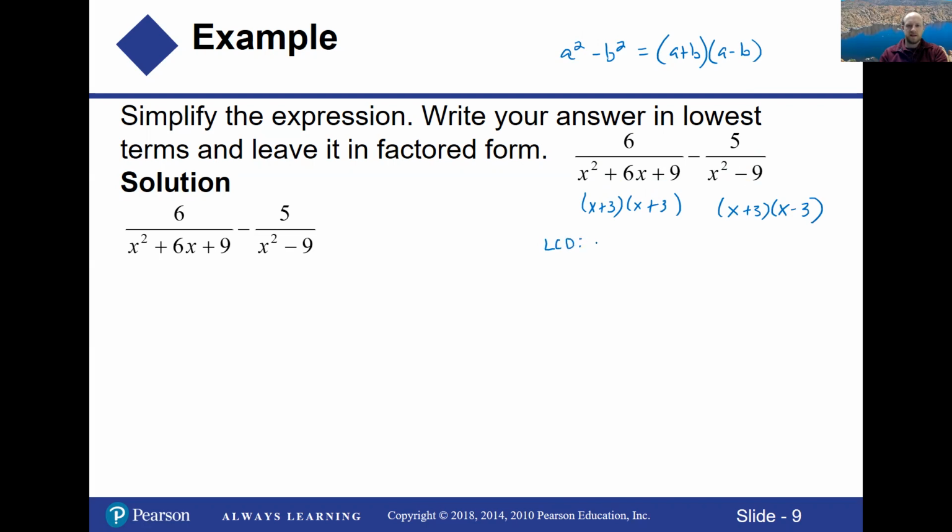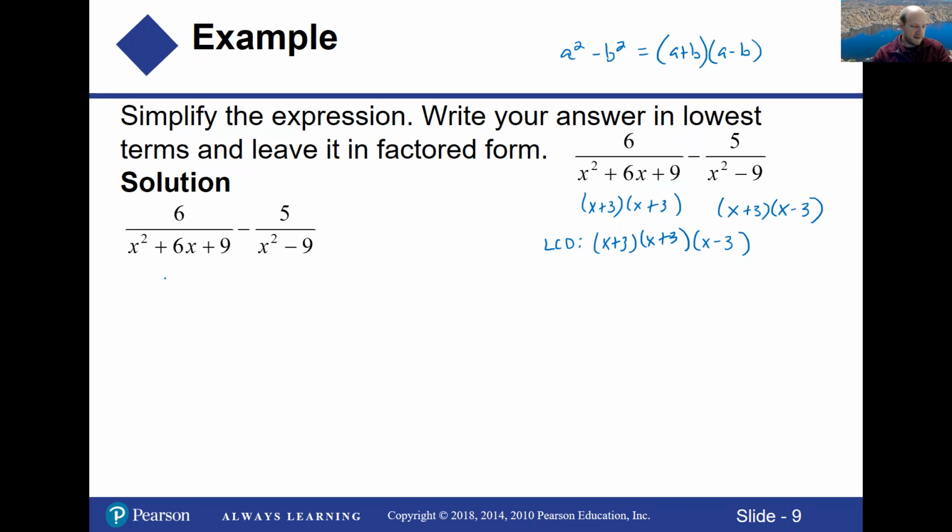Remember, it's the greatest number of times that a factor occurs in these polynomials. So x plus 3 occurs twice in the first one, only once here, and then I have an x minus 3. So this whole thing, (x plus 3) times (x plus 3) times (x minus 3), is your LCD.